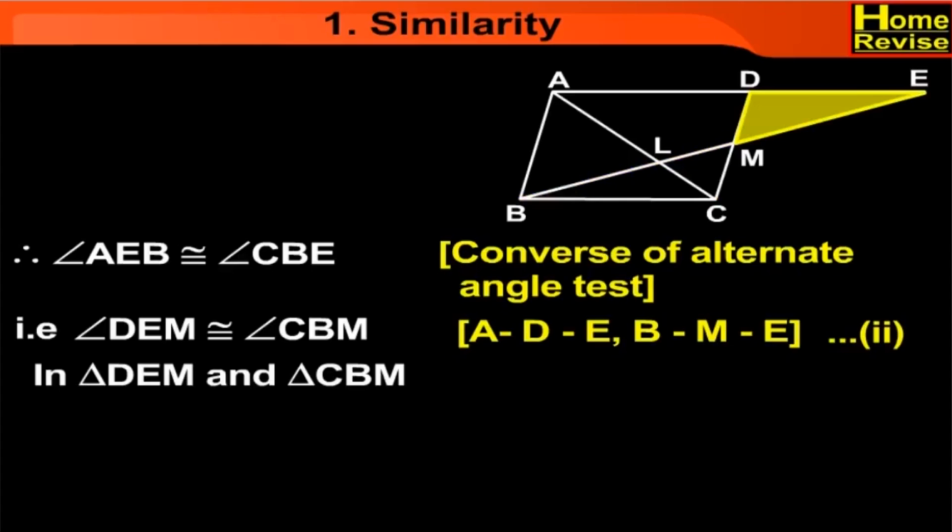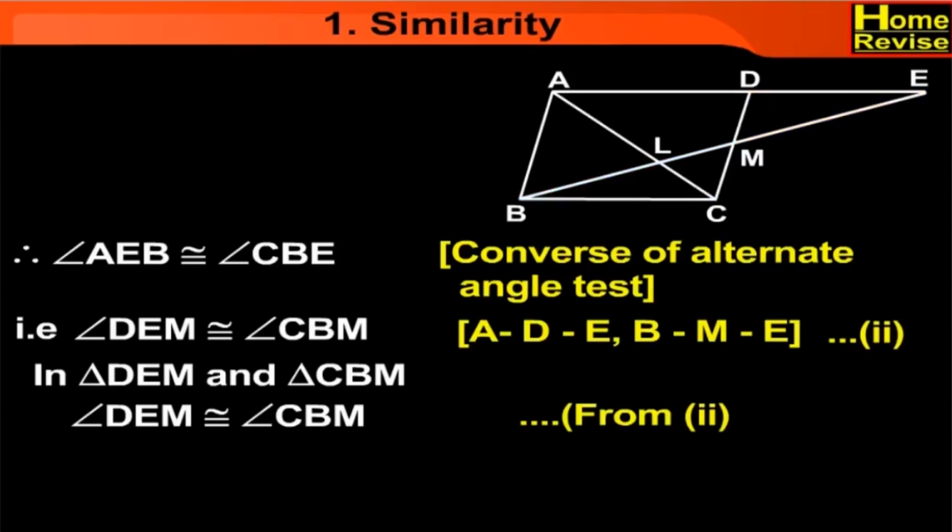Now, in triangle DEM and triangle CBM, angle DEM is congruent to angle CBM, from equation 2. Also, angle DME is congruent to angle CMB.